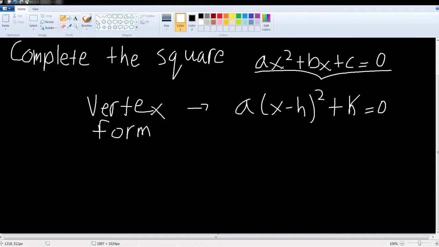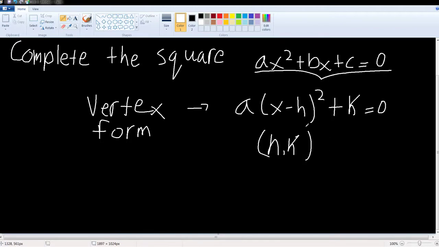And if you think about the vertex in the quadratic, it's pretty difficult to find the vertex. We have to find x equals negative b over 2a, which is the line of symmetry. And then we need to plug that value into the equation, and we get a value for y. So it's a whole mess there. But when we complete the square and put it in vertex form, we can easily read off the vertex. And the vertex in this is just simply h comma k.